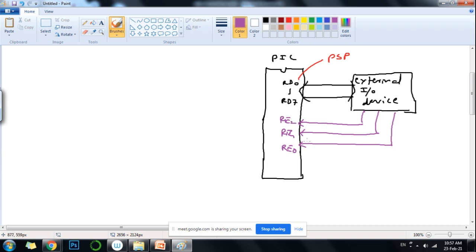These 3 pins of port E receive the 3 signals which are typically chip select, read bar and write bar. So that's how the connections are to be made when you want to operate your port D as a PSP port, parallel slave port.